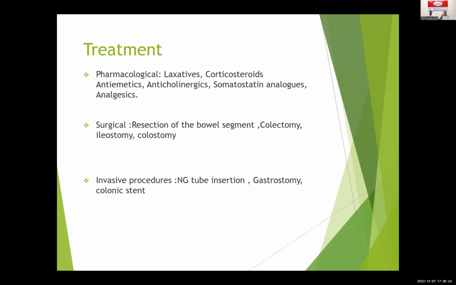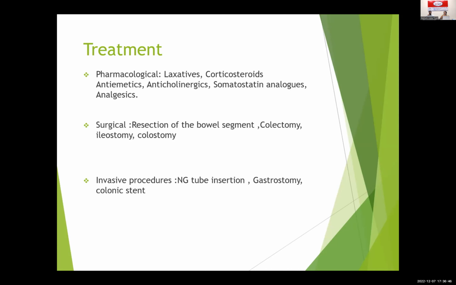And then you have your somatostatin analogs, which is your octreotide. It is mostly not used in our scenario or in our institution. It is a little bit costly also. And instead of that, what we prefer using is buscopan. It is also having similar actions.